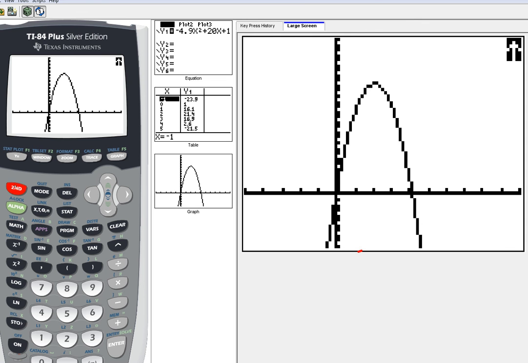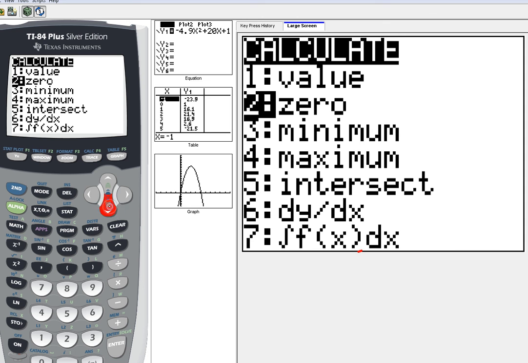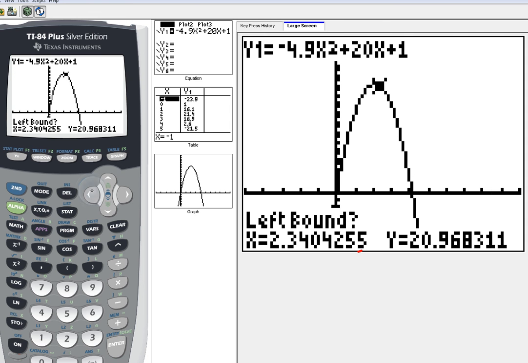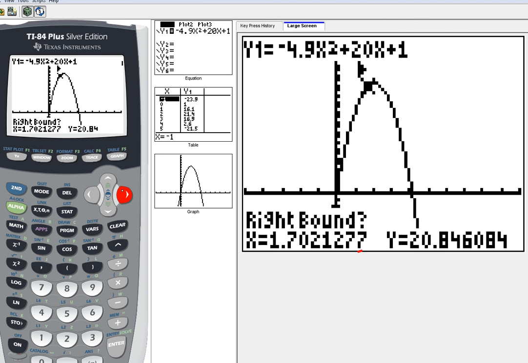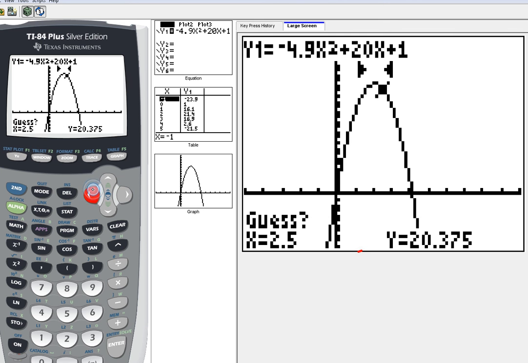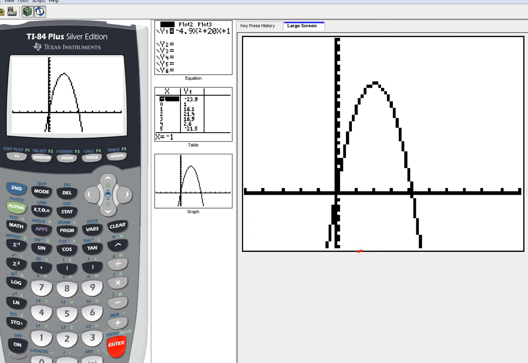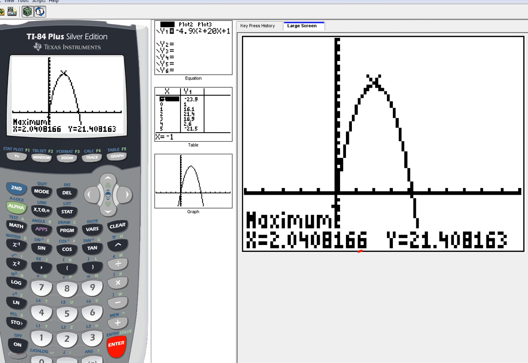So again, I go second calculate, and I'm going to calculate the maximum height. So I hit enter, move to the left of that graph, left bound is right there. I go right bound, right here, and then the top, right there. And my maximum height is 21.41.